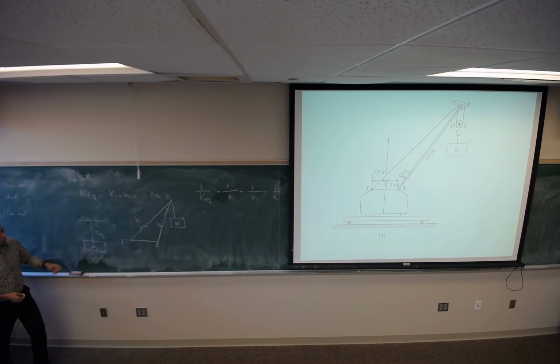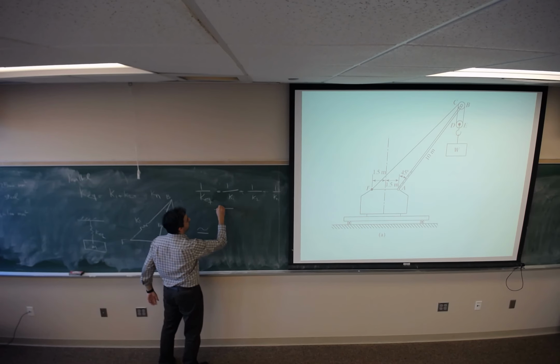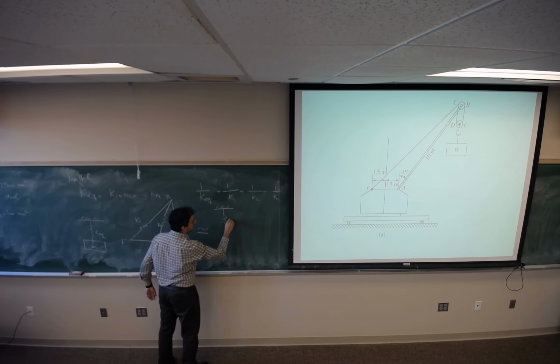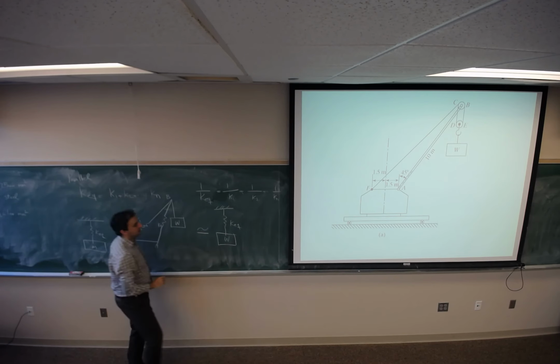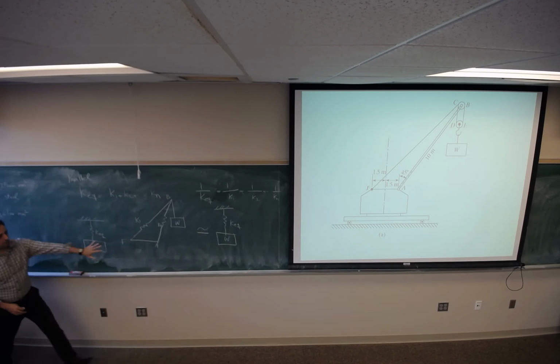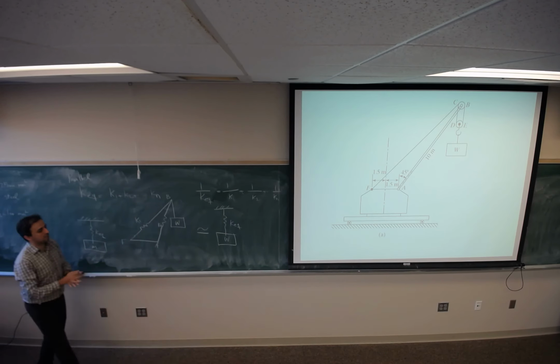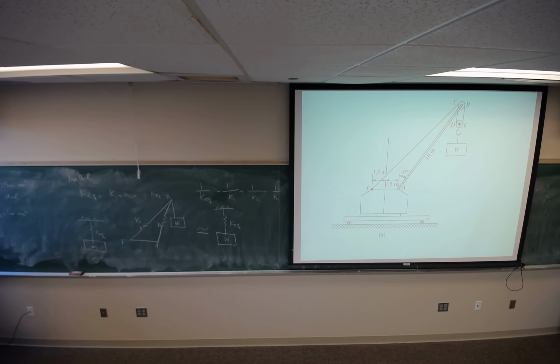So for this one, we would like to find an equivalent spring such that we replace this one by this one. Then we can forget about the crane and just look at this simple mass and spring system. So the goal is finding K equivalent.